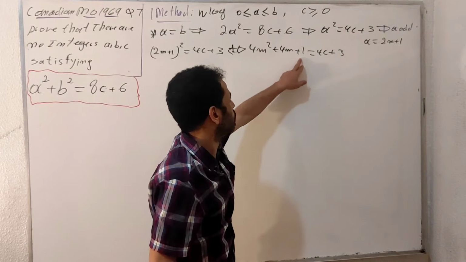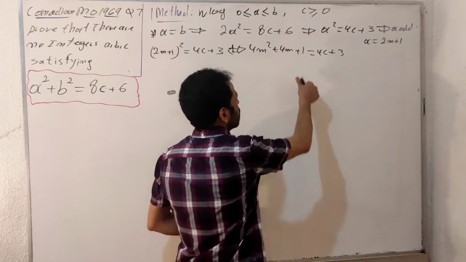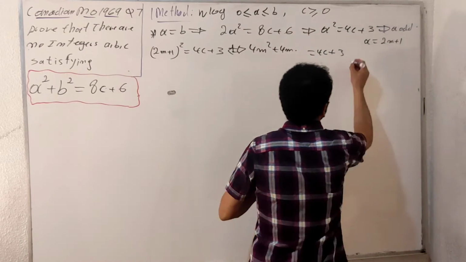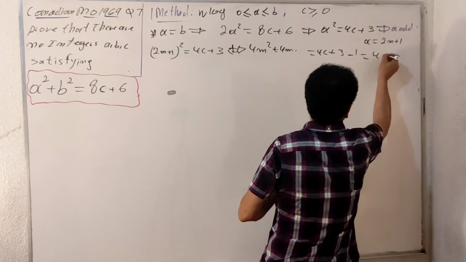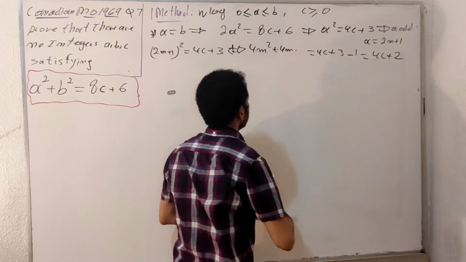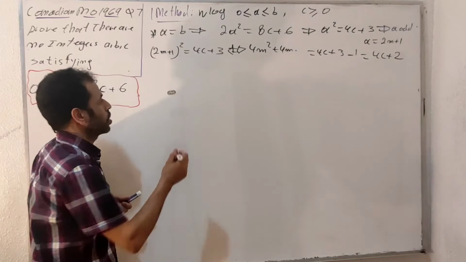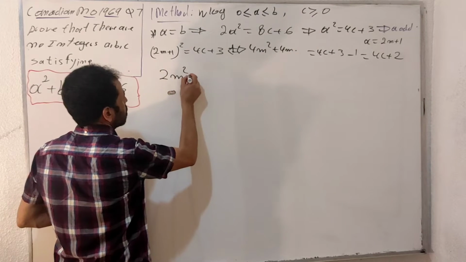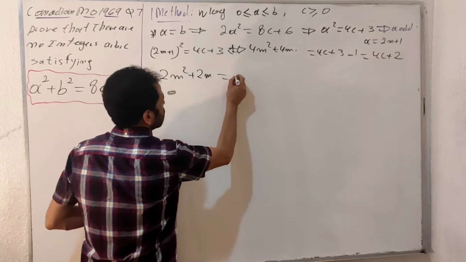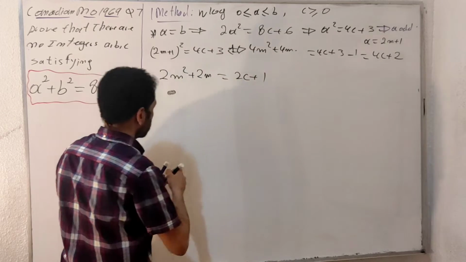Then I'm going to move 1 to the right, I will get minus 1, so I will have 4c plus 2. Then I'm going to divide both sides by 2. I will get 2m squared plus 2m equals 2c plus 1.